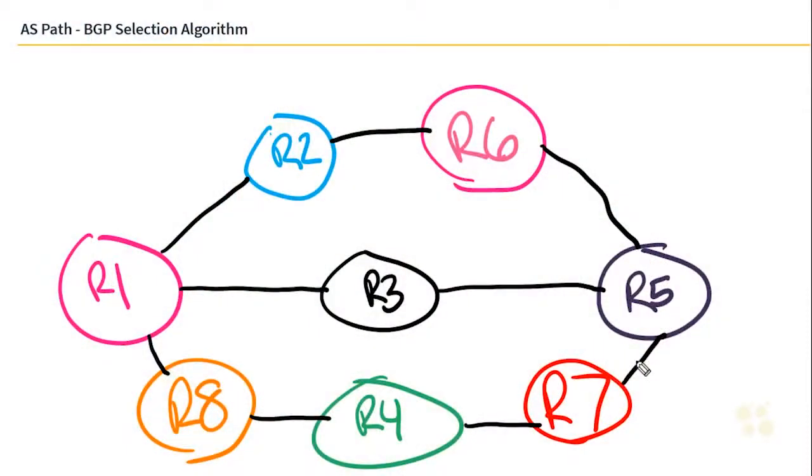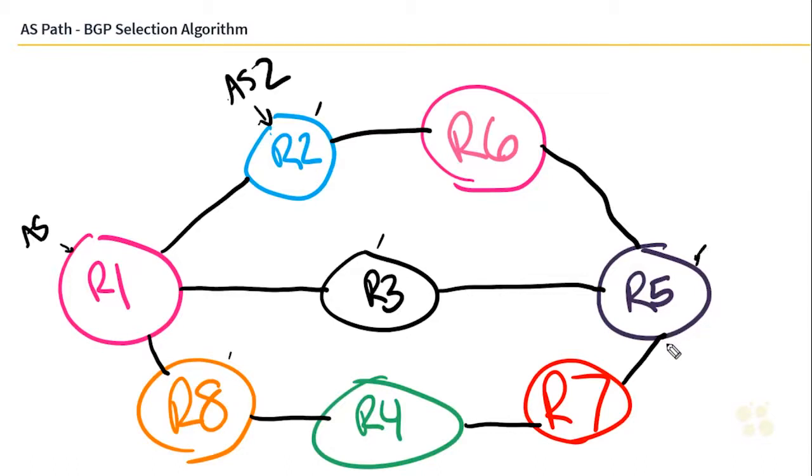Let's pretend for just a moment that each one of these routers also represents the number of their autonomous system. So R1 here represents AS1, R2 here represents AS2, and so on. When we receive prefixes from R8, R3, and R2 regarding a route to R5, this is when the selection algorithm is going to make a determination.